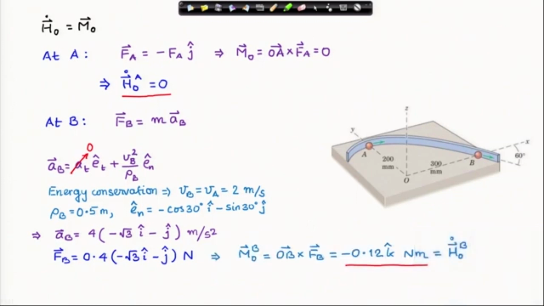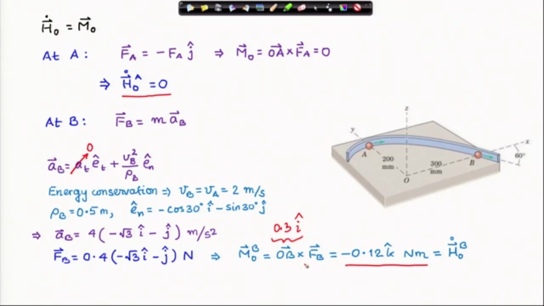And from here I can calculate the moment of this force about O, which is OB, this is the arm, cross the force at B. If you do that cross product, OB is 0.3 i cap, that is OB.